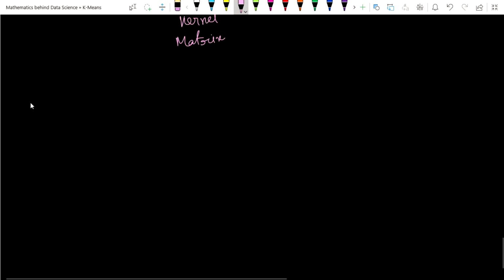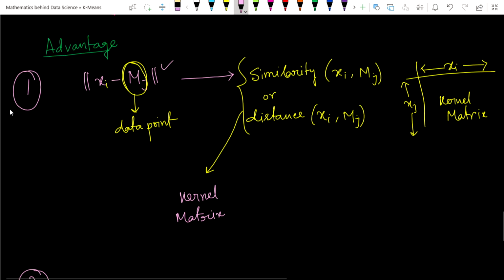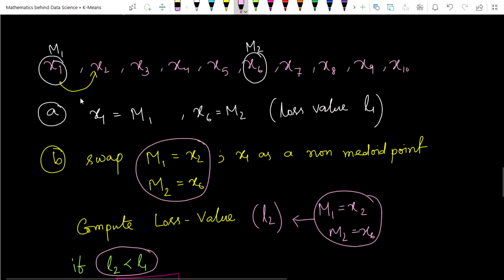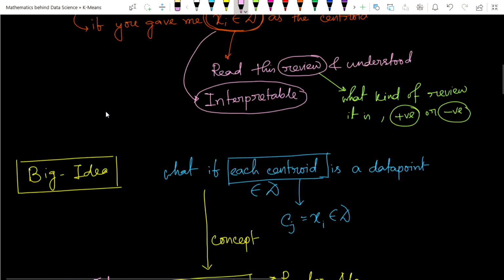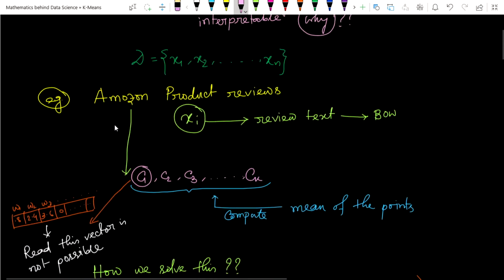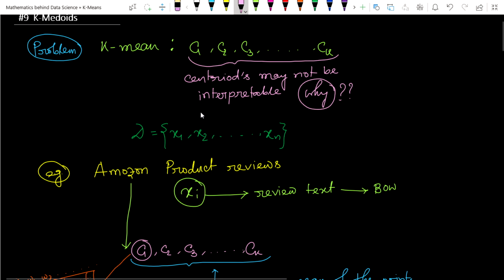The second advantage is that it's interpretable, because the centroid that we have chosen here is our data point. In K-means, the centroid may not lie on a data point, so we may not be able to interpret it sometimes.